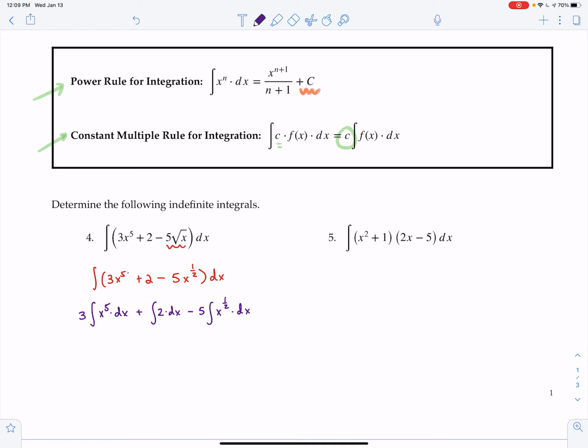So when I take the antiderivatives in this next step, I'm going to use this power rule, which says the integral of x to the something dx is equal to x to one higher exponent over that old exponent plus 1.